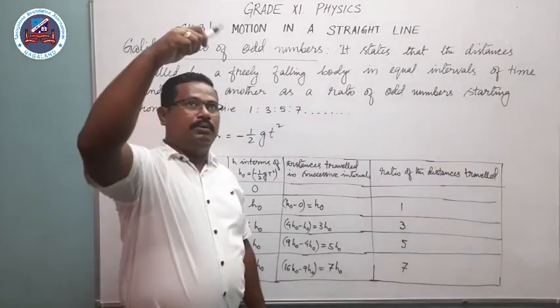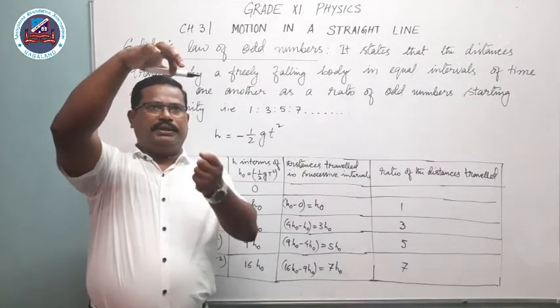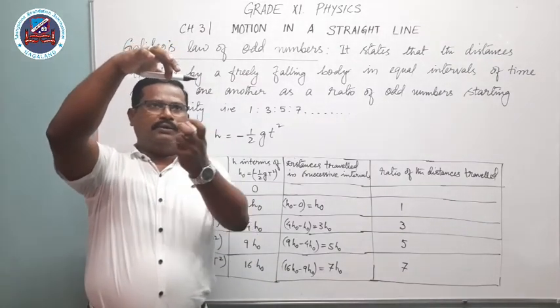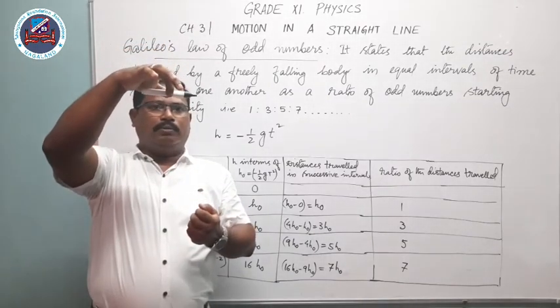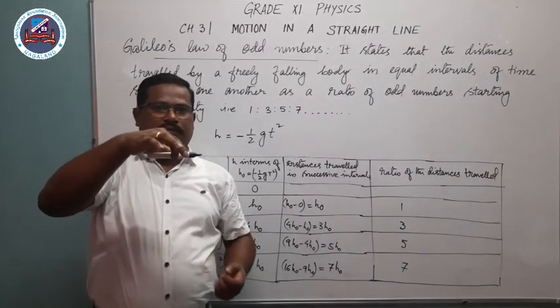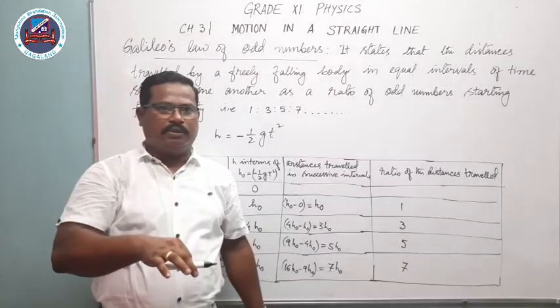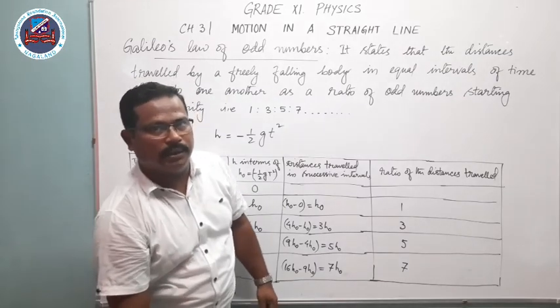That means when the body is high above, the pull of the earth, the force of gravity, is less. It comes slowly, but the moment it comes towards the earth, due to acceleration due to gravity, the body becomes faster and faster. The distance traveled also becomes more and more.